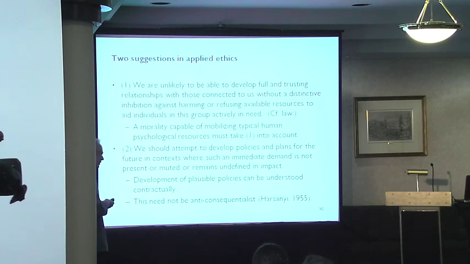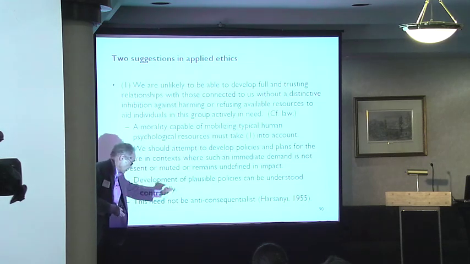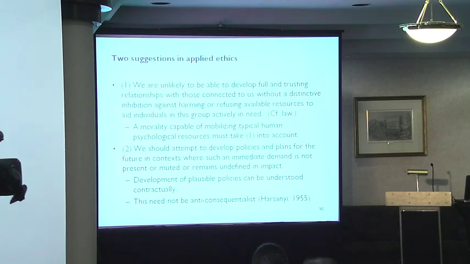So we can take advantage of the system that we've got for handling small group relationships, transplant it into the social setting by operating on a contractualist form. There are consequentialist forms of contractualist thought as well. And so in that sense, we can build upon these strengths as well as the weaknesses of the inheritance that we've gotten. Thanks.